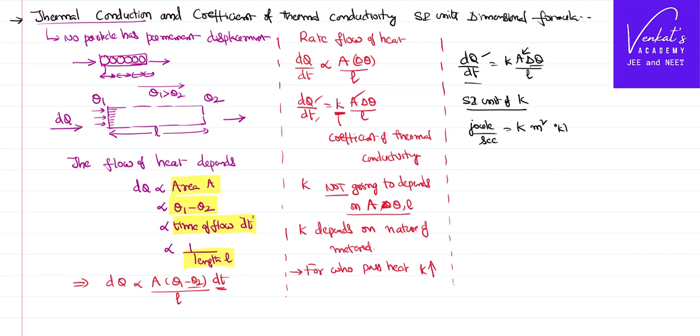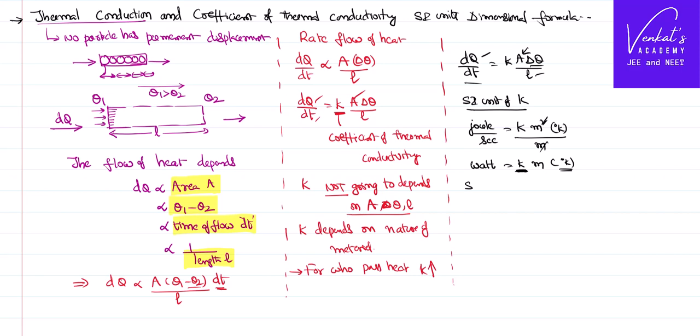Delta theta is Kelvin or degree centigrade. Length is again meter. So one meter can be cancelled. Joule per second is rate of energy, that is also called watt in SI system. So watt equals K, coefficient of thermal conductivity, times meter, and then Kelvin. Be careful, this last K is Kelvin, the other K is coefficient of thermal conductivity.